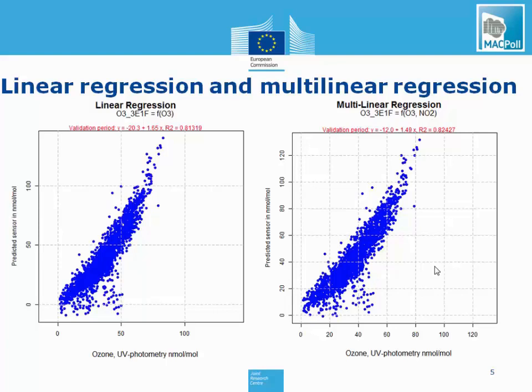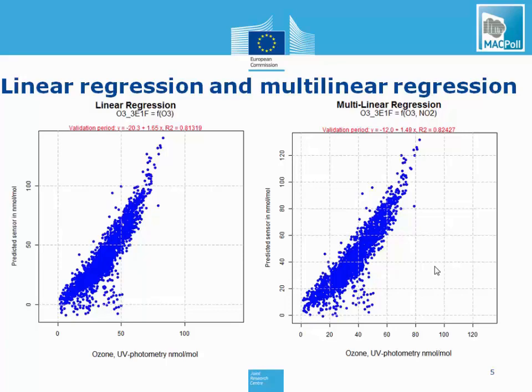The results are a little wider at low concentration, but we can see a type of linear response. We achieved a correlation coefficient of 0.81, near the one I showed before. For the multilinear regression, using the NO2 value coming from the analyzer, we increased the correlation a little bit, but not to 0.91, only 0.82. That was not so good, and we keep more or less the same shape of data.